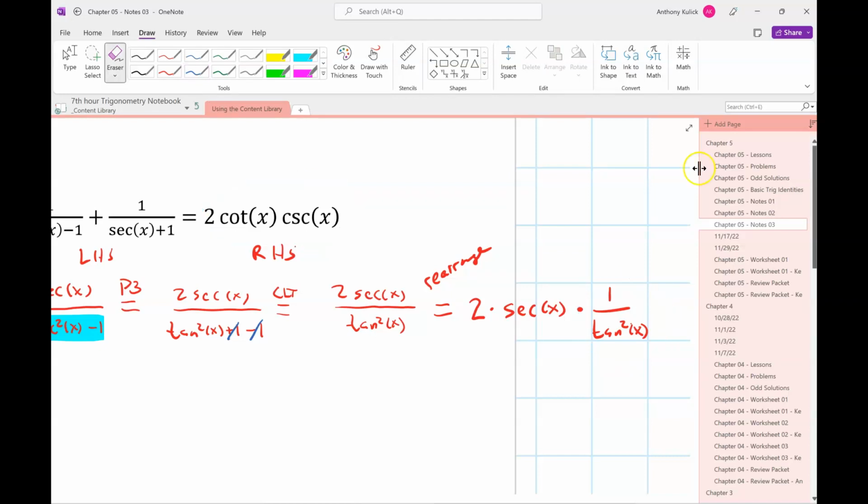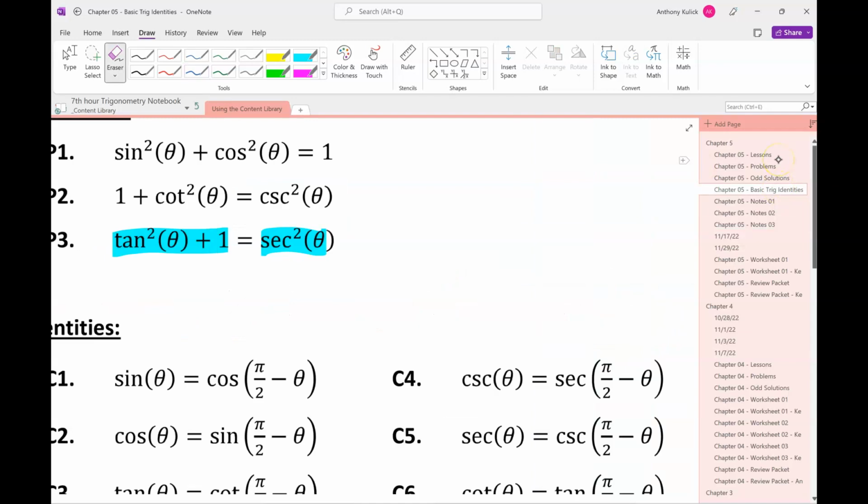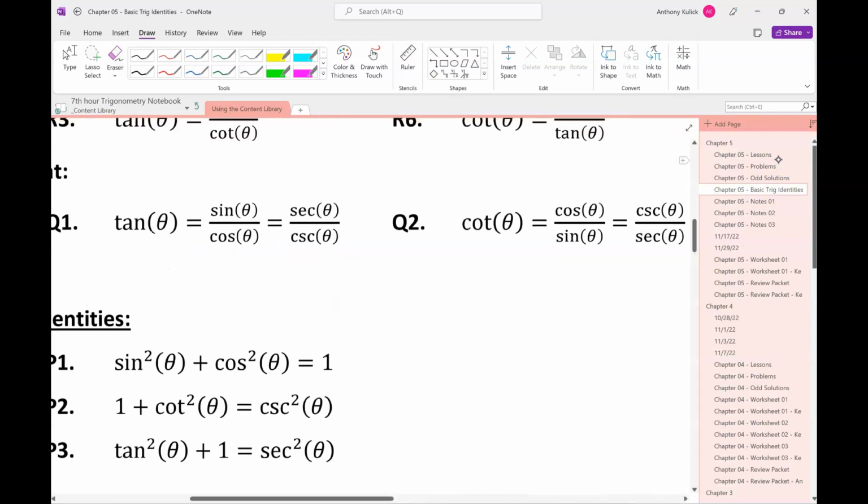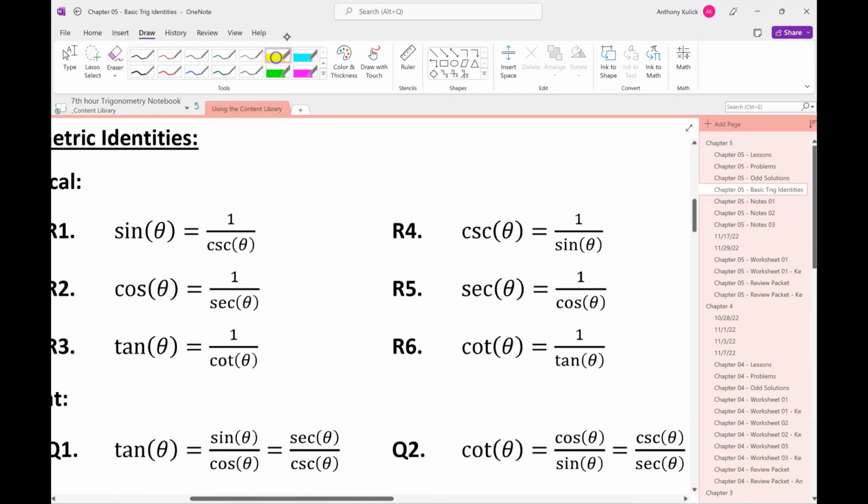So use the reciprocal identity to do that. So I have 1 over tan squared. If I go and I look here, 1 over tangent is cotangent. So what's 1 over tangent squared? Excellent, thank you.